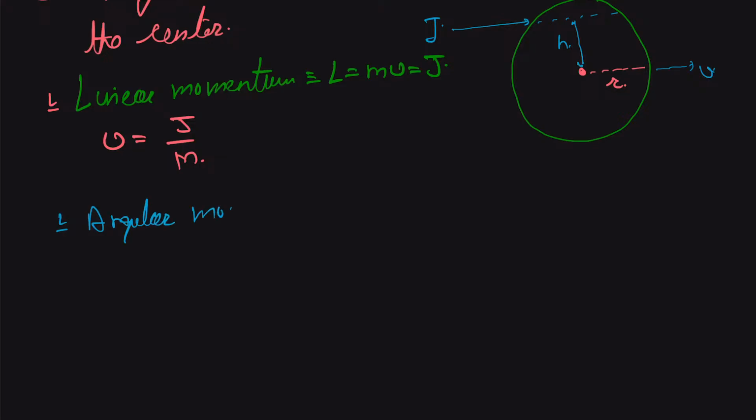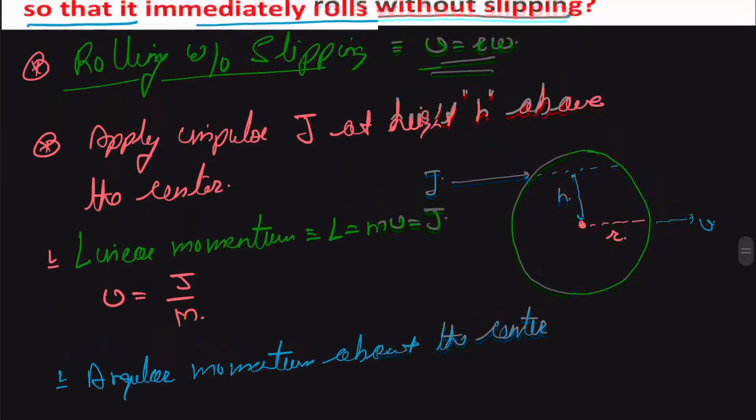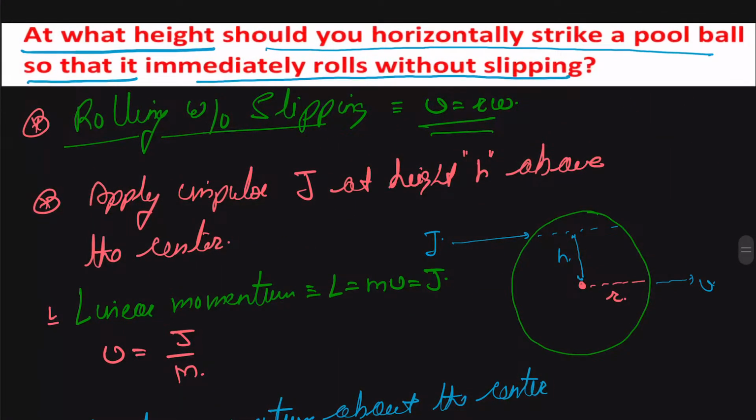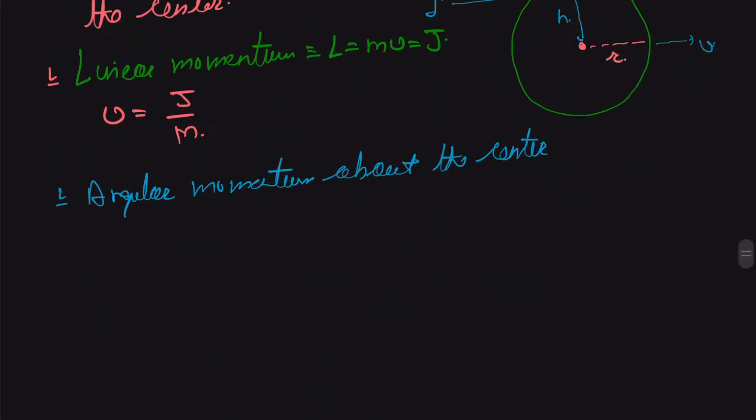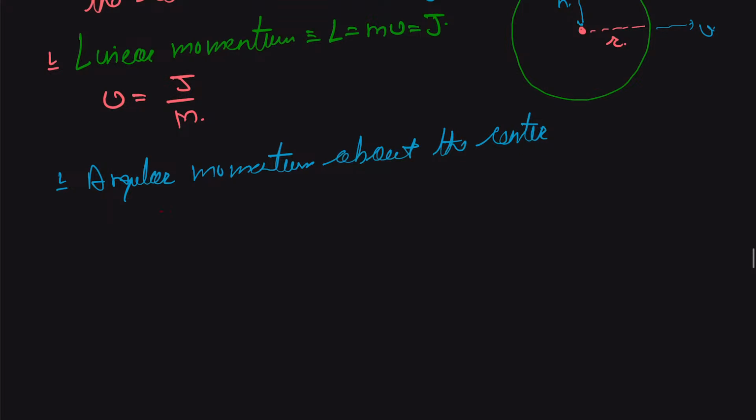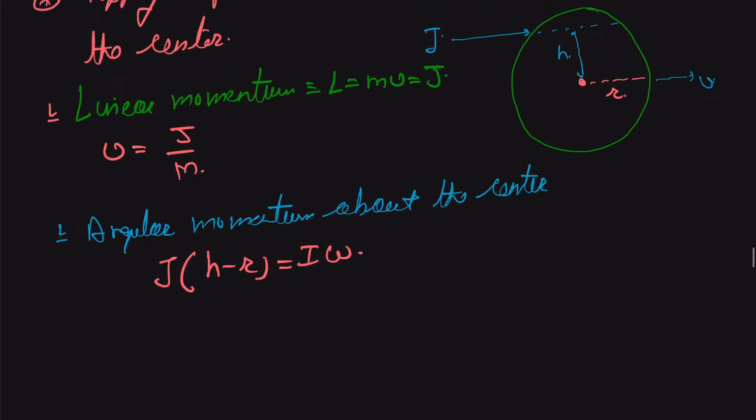Okay, so angular momentum about the center. For that we can write the equation that our J times (h minus R) will be equal to I times omega.